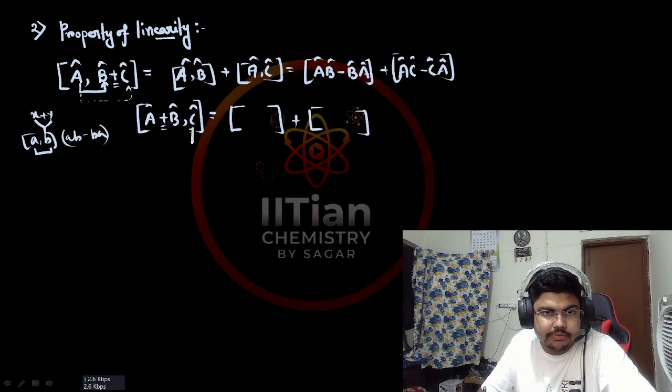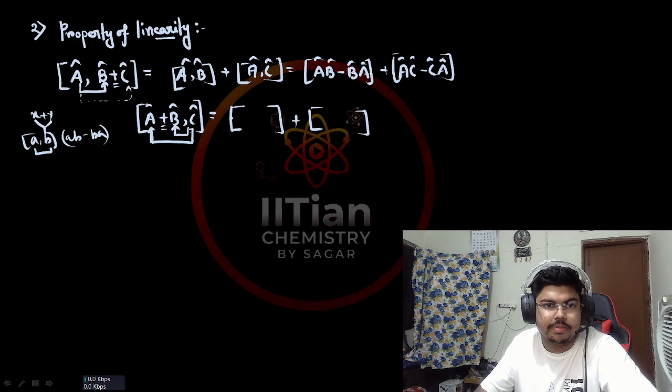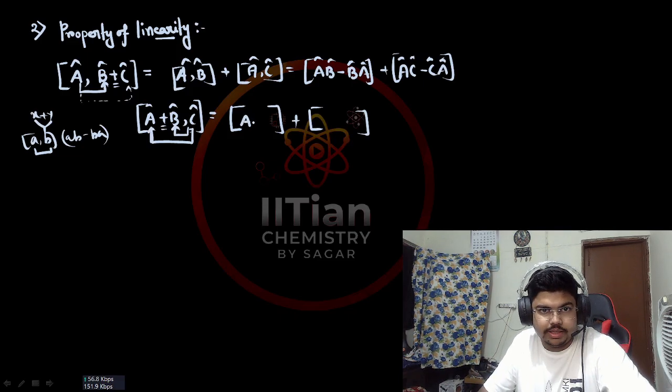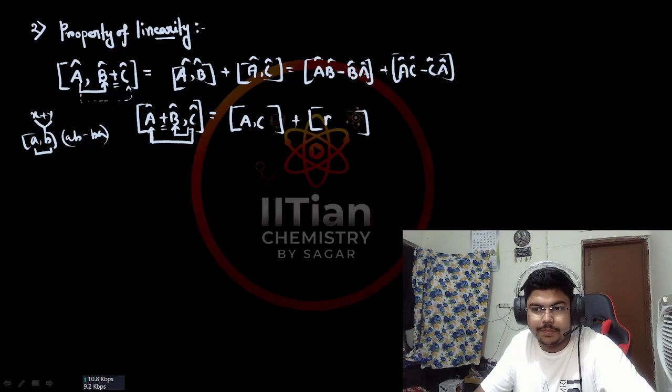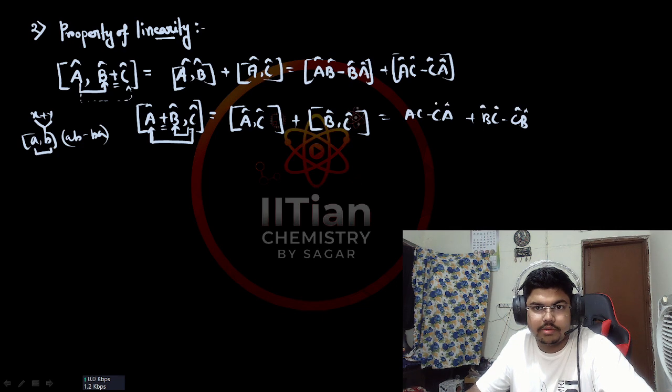Now first C will be with A, next C will be with B. The sequence must not break. So A comma C, B comma C. Got it? So AC minus CA plus BC minus CB. This is how you are going to write this. Okay, got it?